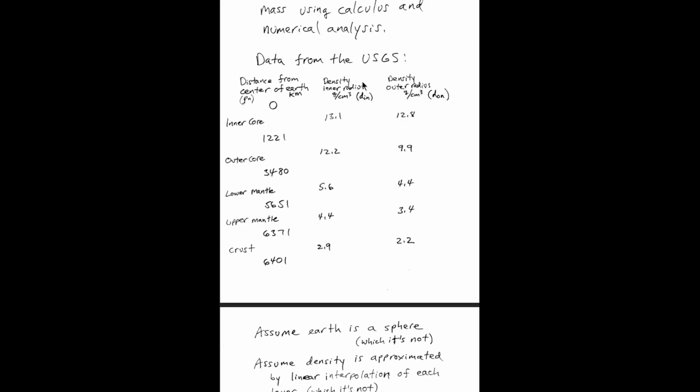And you notice that our densities were indicated by grams per cubic centimeters, but our distance from the Earth was in kilometers. Of course, we want to have a consistent unit, otherwise we'll get erroneous results here.